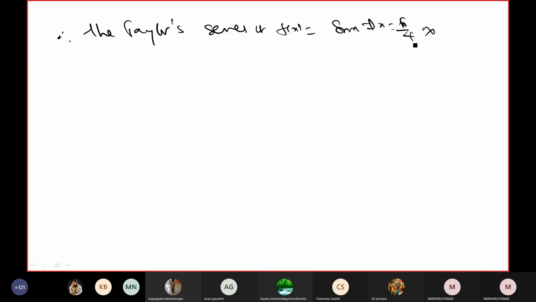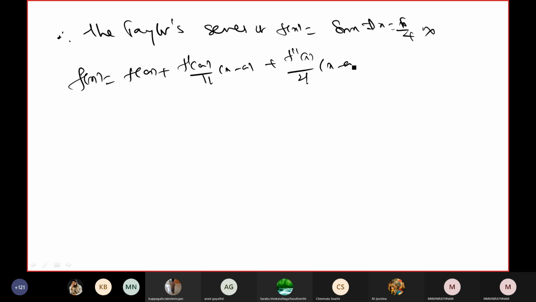So replace this, therefore the Taylor's polynomial f of x equal to f of a plus f dash of a by 1 factorial into x minus a plus f double dash of a by 2 factorial into x minus a whole square plus and so on.